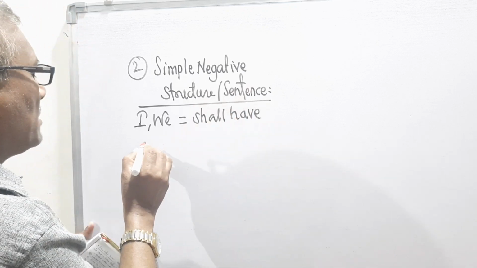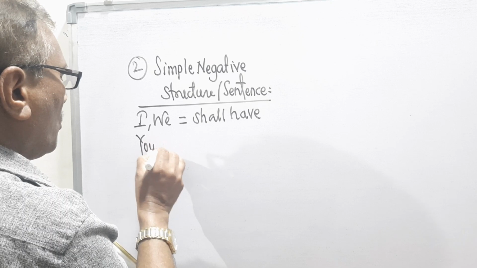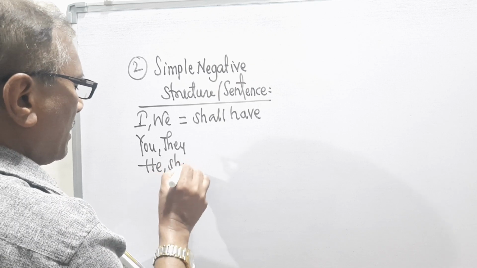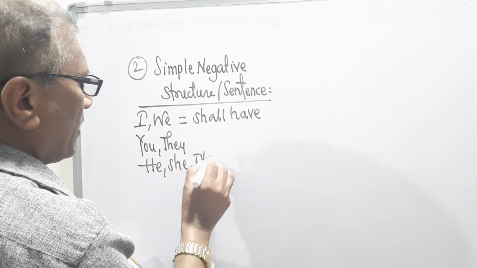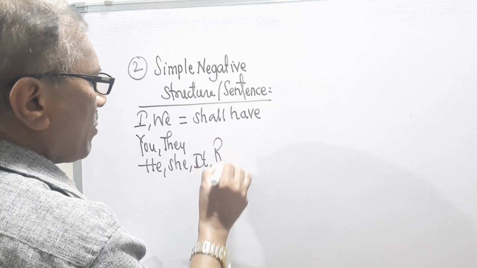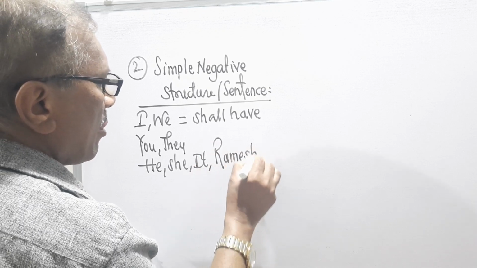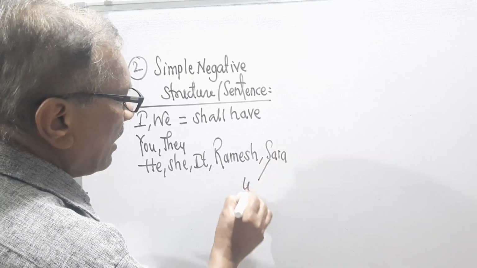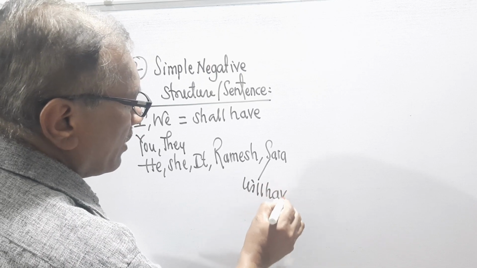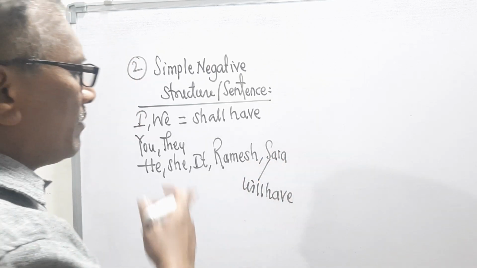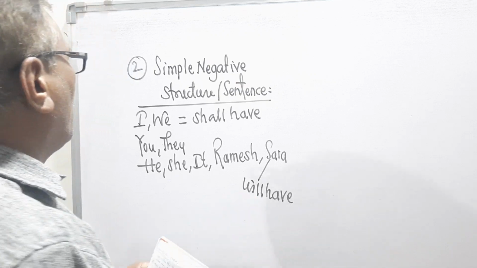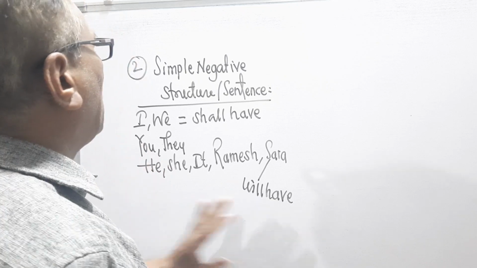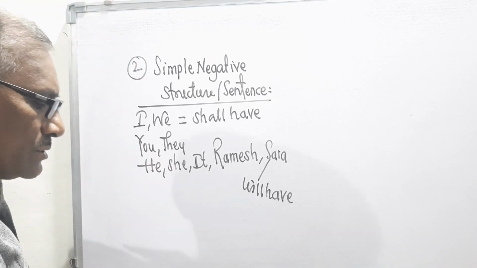And if the subjects are you, they, he, she, it, Ramesh, Sarah, like this, then we should say will have. So we must know when we should use shall have and when we should use will have. This is the important point.